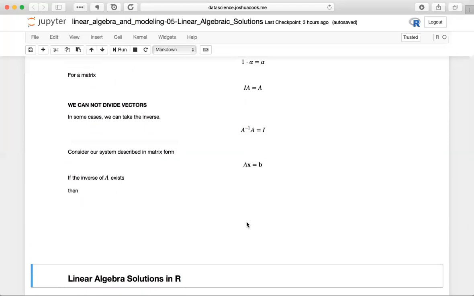Okay, so we got this earlier. We rewrote our system of equations so that ax equals b is the system. And if the inverse of A exists, we can solve this very simply in this fashion. So we have ax equals b, and we can multiply both sides by the inverse.